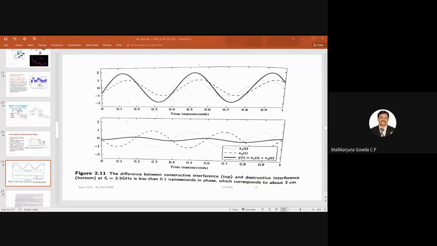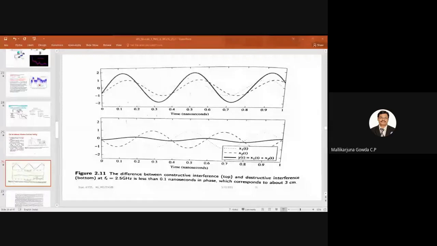Yeah, what I said is, see here two signals are there, right? x1 of t and x2 of t. x1 of t is coming from one path and x2 of t is coming from another path. If the phase difference between those two signals is large, then it will be a constructive interference. Constructive interference means the amplitude of the received signal will be more.